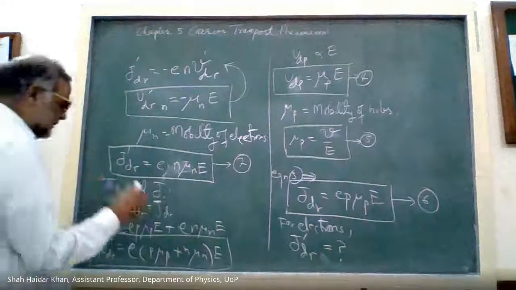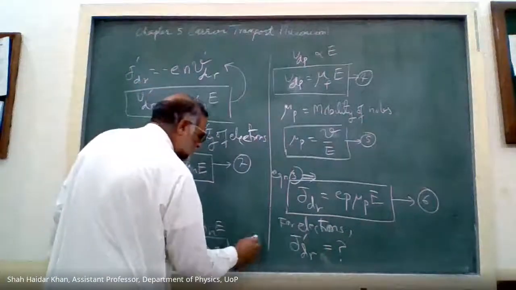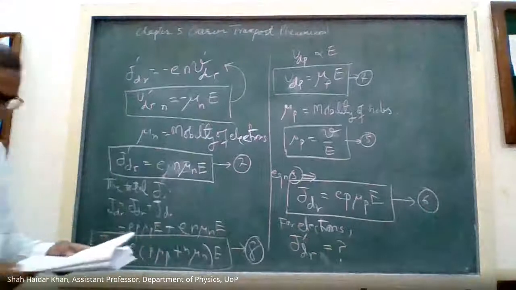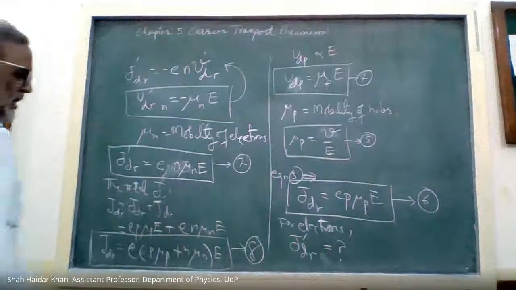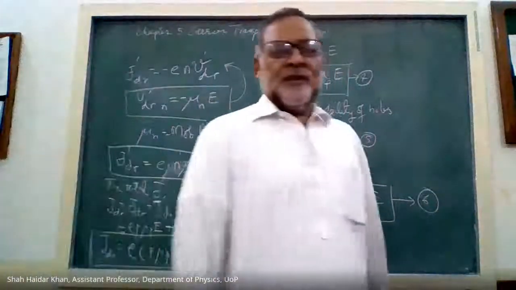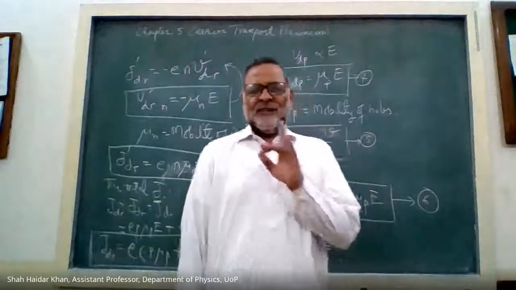So that is the total current density because of the electric field.